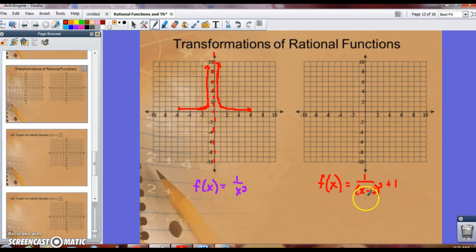This x minus 2 in parentheses tells you it's a horizontal shift, and you're going the opposite direction of the sign. Because it says x minus 2, that means we're going to be shifting to the right 2. So I'm going to take everything that I have here and shift it over to the right 2 units, meaning that my vertical asymptote goes from x equals 0 to x equals 2.